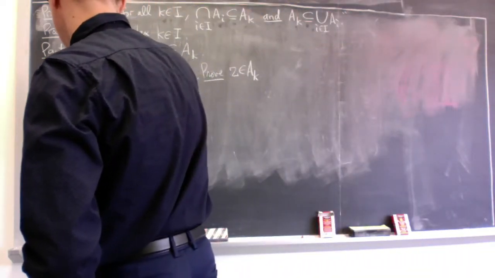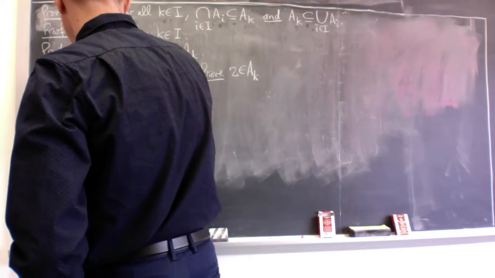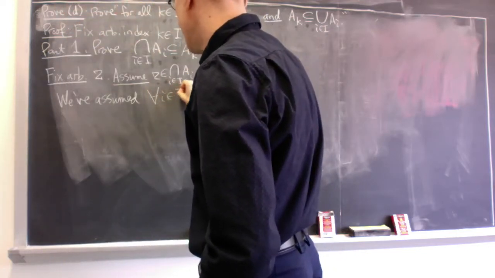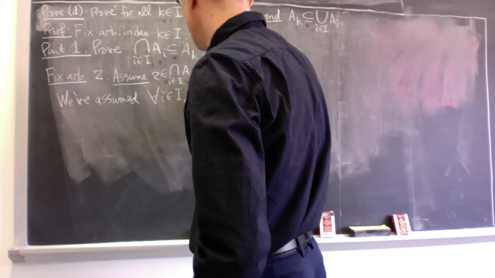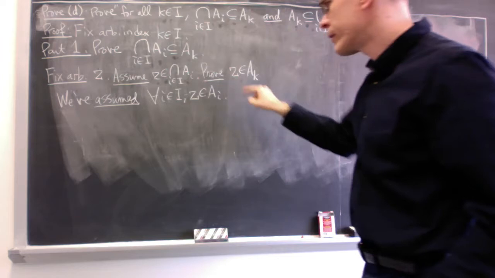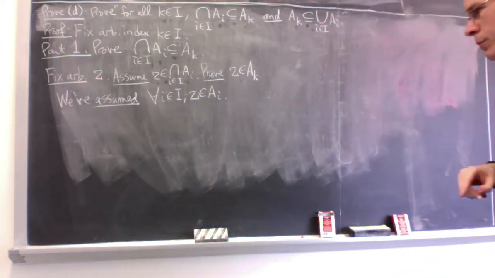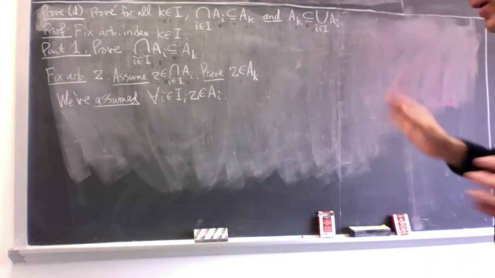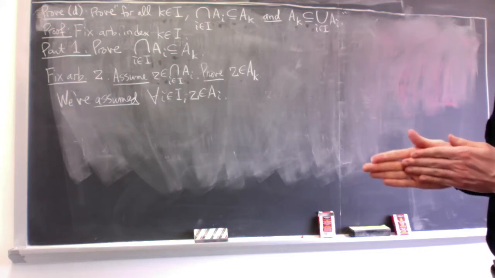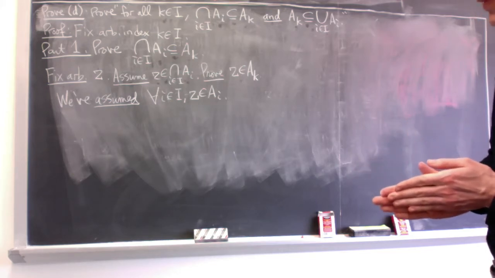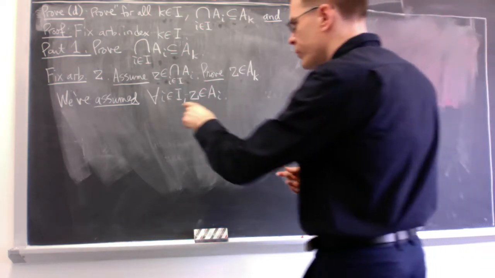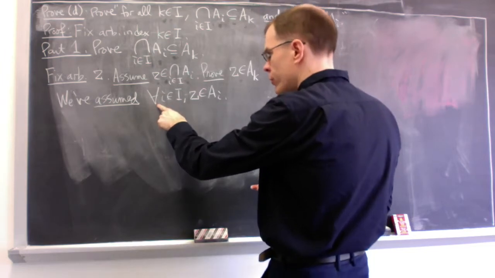We've assumed that for every i in the index set, z is a member of A_i. We're still proving this. And so this is the first place where this theme comes in. An assumed statement in a proof has the same status as something that's known, temporarily anyway. So now we know or have assumed a universal statement.